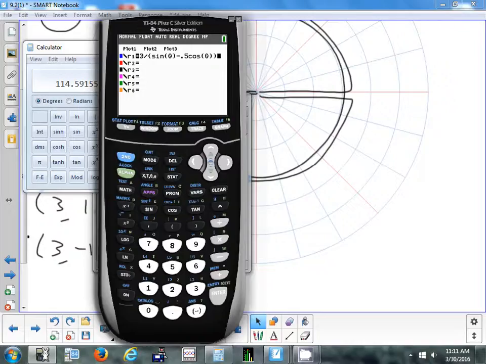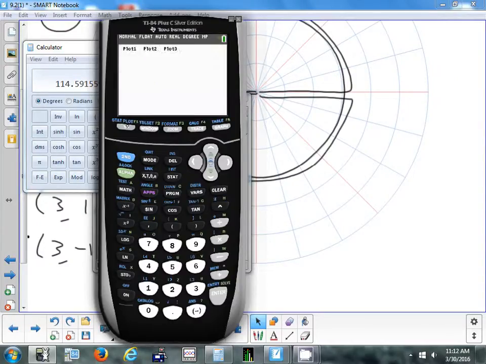Right, so that looks good. So if I graph that, it should be a line with a slope of 1/2, y-intercept of 3. Let's check it out. I gotta adjust my window a little bit. Let's do zoom 6. And then there we go. So there's a line with a slope of 1/2, and there's your y-intercept right at 3.